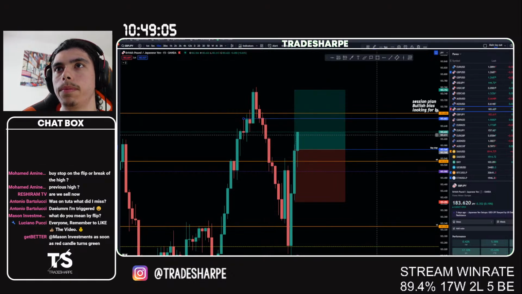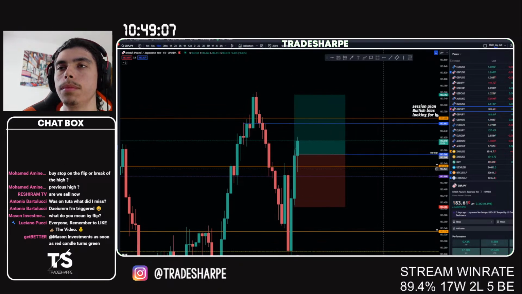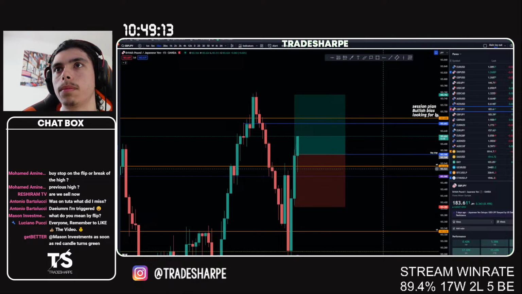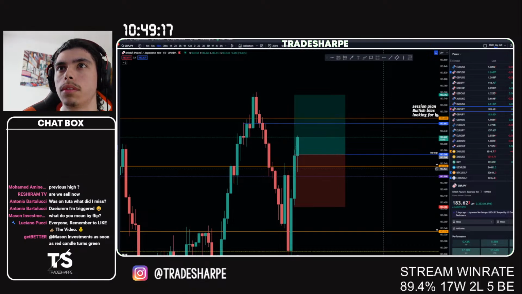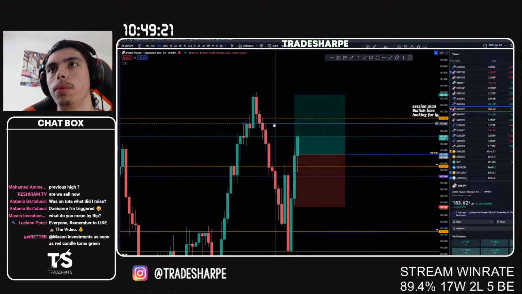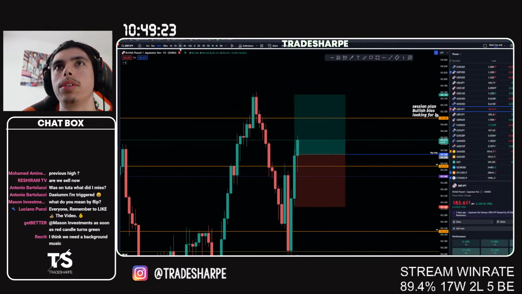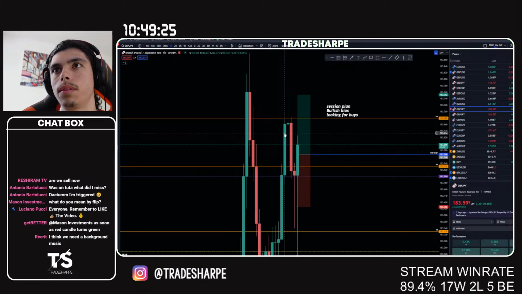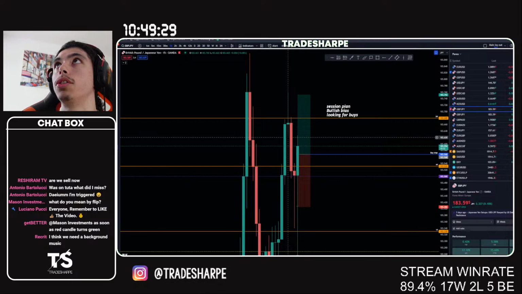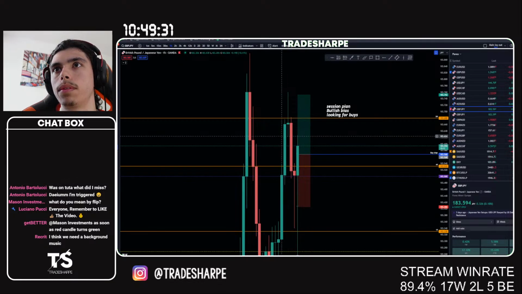That's the BE point. Pushing nicely now. Beautiful. So anywhere around this zone, I'm going to move to break even, right around the 1 hour resistance. We tap this kind of resistance here as well. That's a dodgy zone to tap as well.